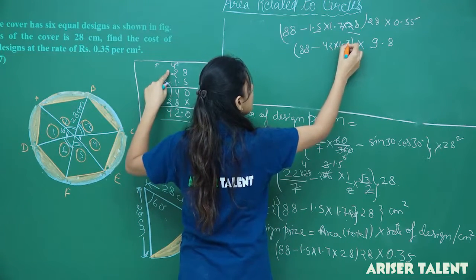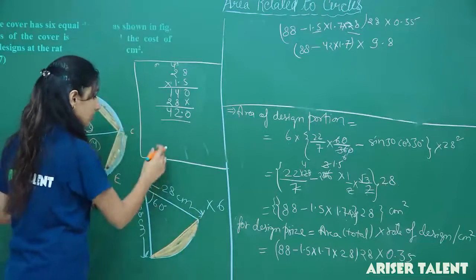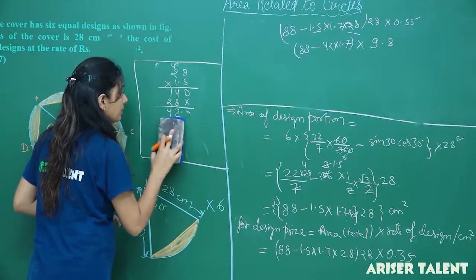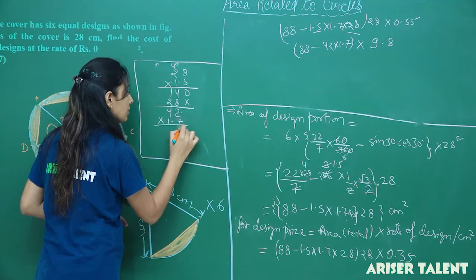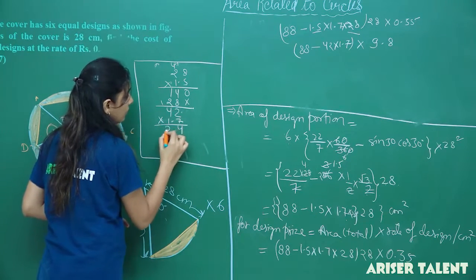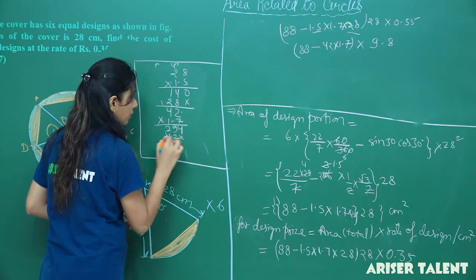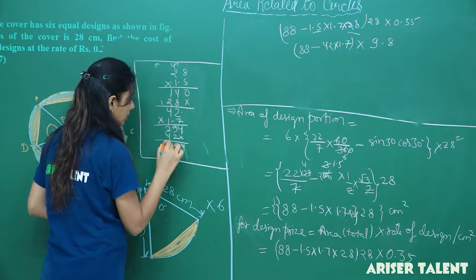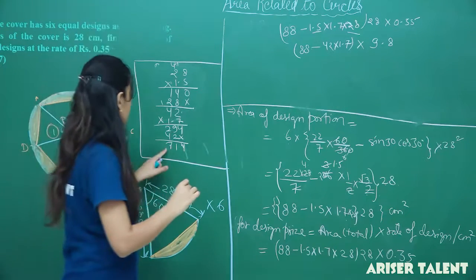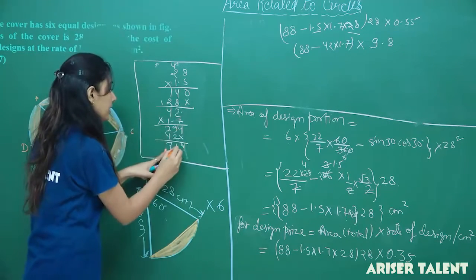That again multiplied with 1.7. So just I can do it here, multiply by 1.7, 42 times 17, that will be 714 and a dot here.